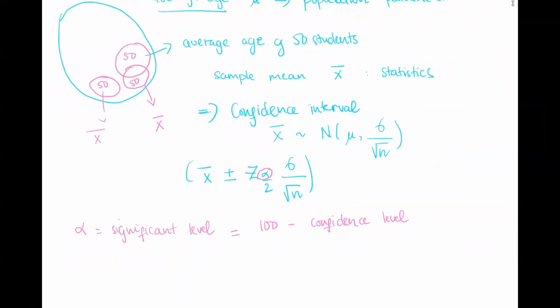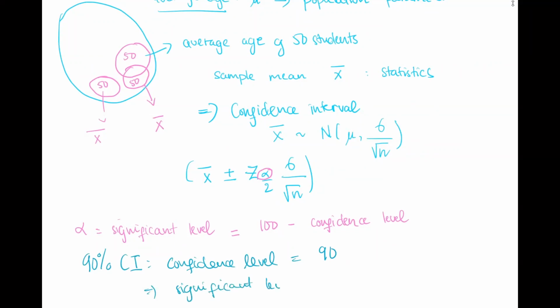So what is alpha, this one? For example, I want you to calculate a 90% confidence interval. Then the confidence level is equal to 90, and your significance level will be 100 minus 90, which is 10.